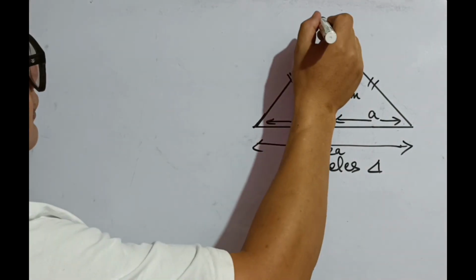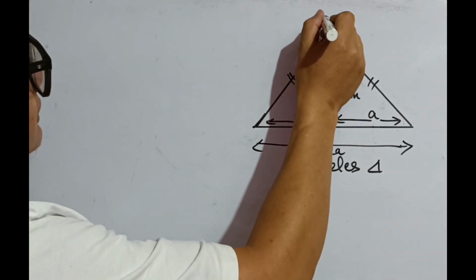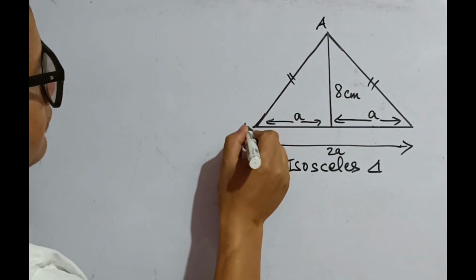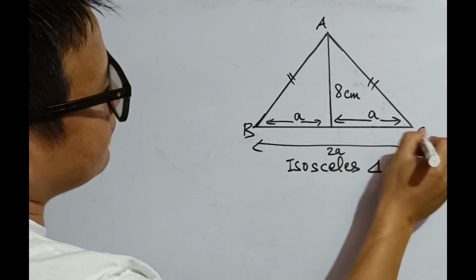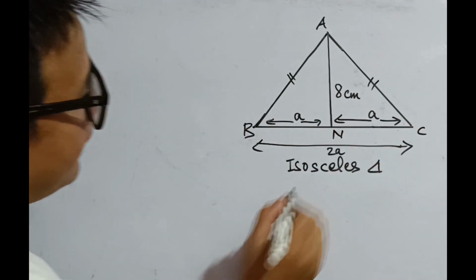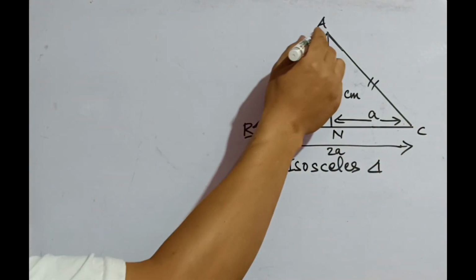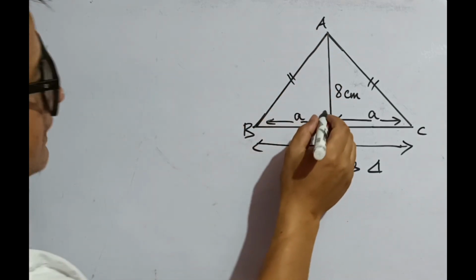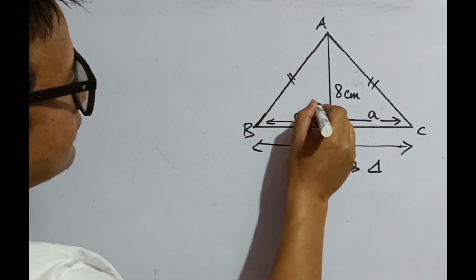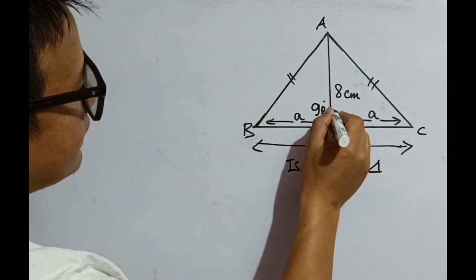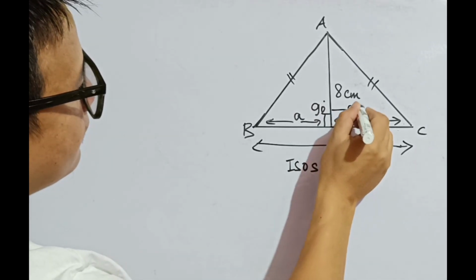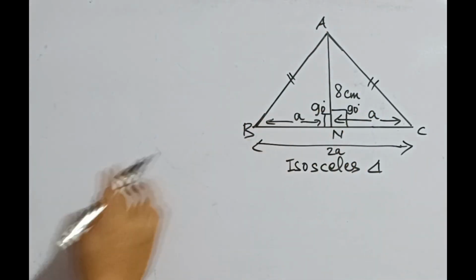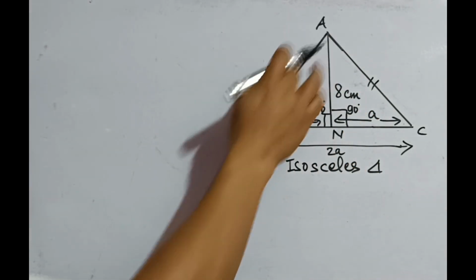And now let us give this triangle a name. Suppose the name of this triangle is ABC, and this is the midpoint N. Now in the triangle, angle ANB is 90 degrees. In the same way, angle ANC is also 90 degrees. So this is a right angle triangle.